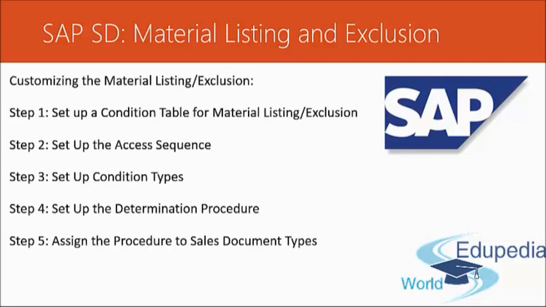Next, we set up condition types and set up the determination procedure. And in our last step, we learned how to assign the procedure to sales document types. After we provide all necessary customization, we can move to maintaining the material listing master record in our SAP system.